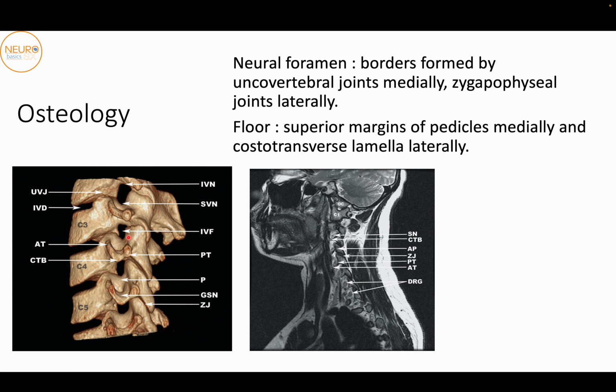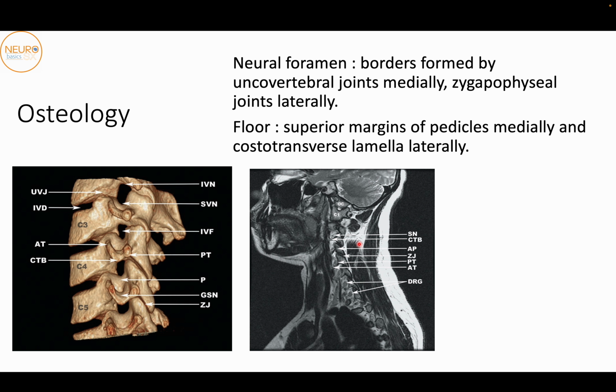There's an inferior vertebral notch in the inferior pedicle, and these are the superior, inferior, anterior, and posterior boundaries of the neural foramen. The floor of the neural foramen is usually formed by the pedicles medially, and the costotransverse process laterally.